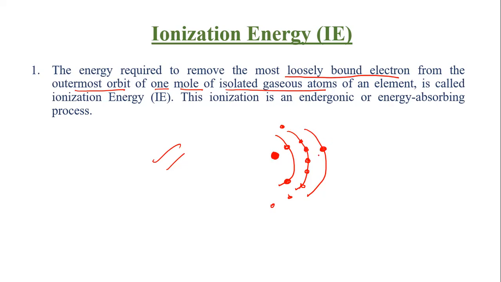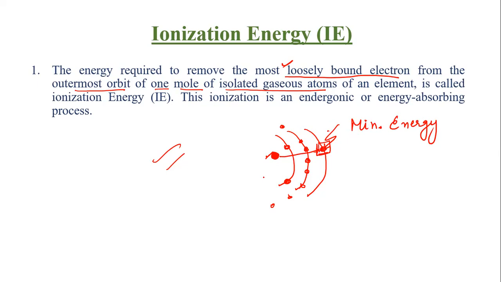Now the minimum energy should be given to that electron. That electron, as per the definition, must be a loosely bound electron, loosely bound so that it will only have force of attraction from the nucleus, not from any other part.